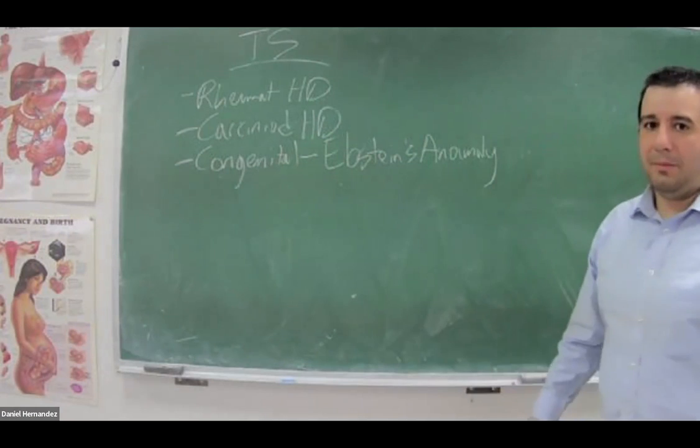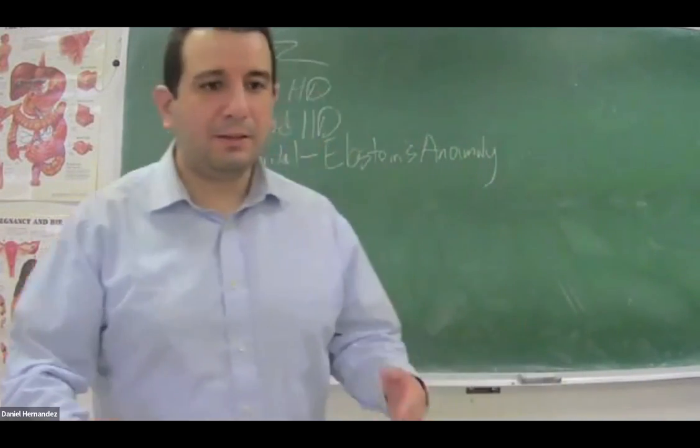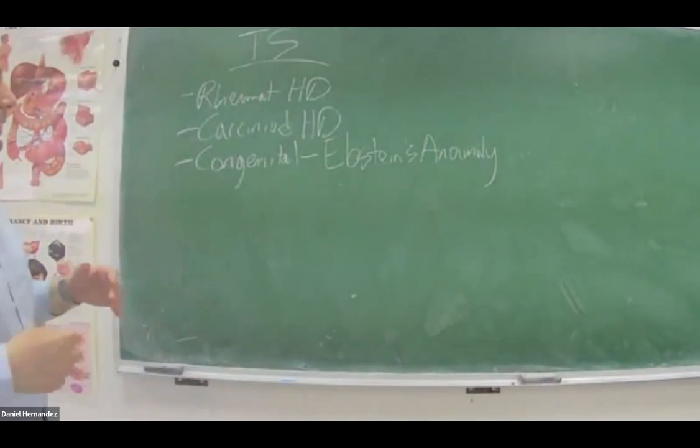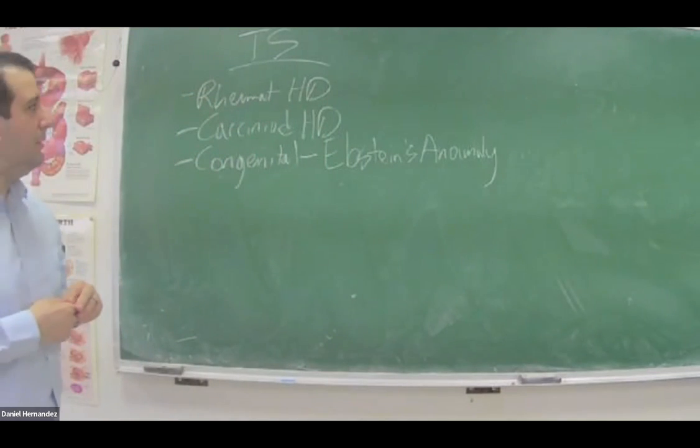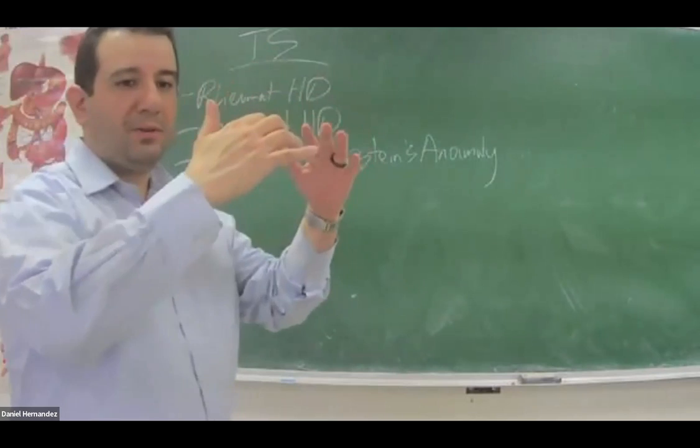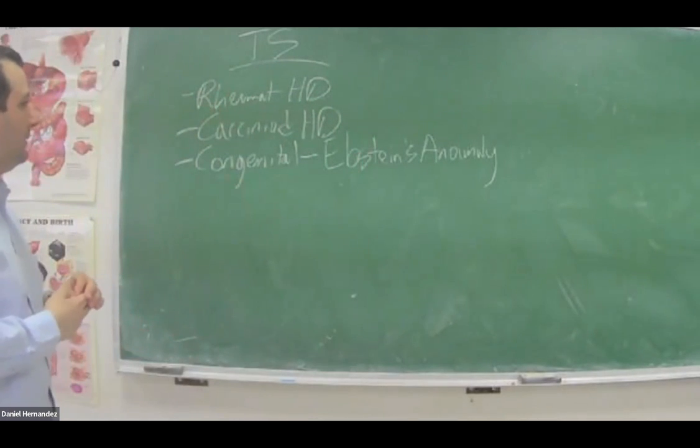So Epstein's anomaly is that displacement of the tricuspid annulus or the leaflets towards the apex of the heart. So we get a smaller right ventricle, a larger right atria.